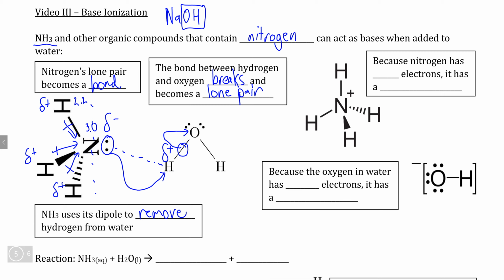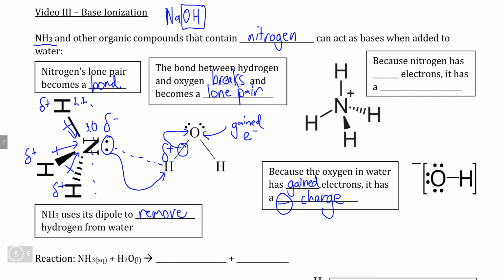Now, if we keep track of electron movement here, we see that this bond in water has broken, and the electrons are going to move to oxygen, which means that we can see from this arrow we've drawn that oxygen has gained electrons. And because the oxygen in water has gained electrons, it is going to have a fully negative charge, which is how we end up with OH-.